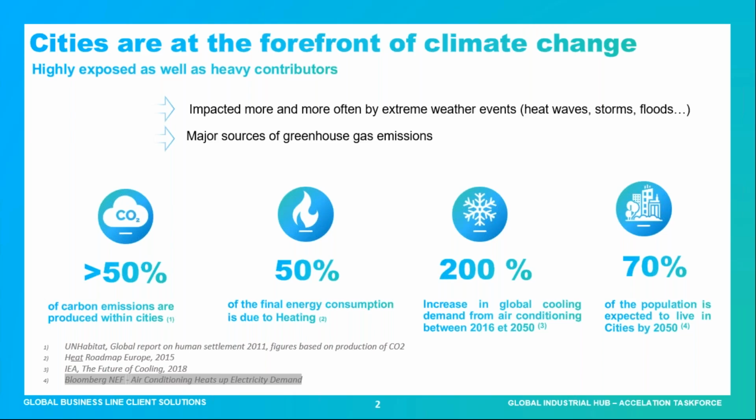And what we can see right now is that there is a need for reducing the energy consumption, but as well for the GHG emission and CO2 emission related to heating and cooling. And what we have seen very recently is that between 1990 and 2016, the cooling demand tripled.